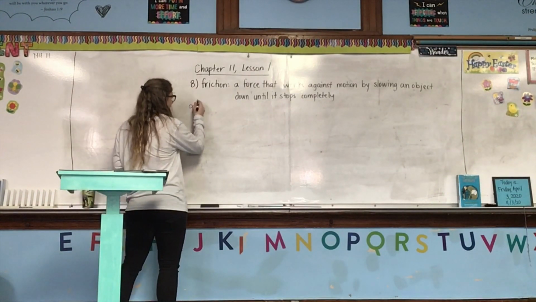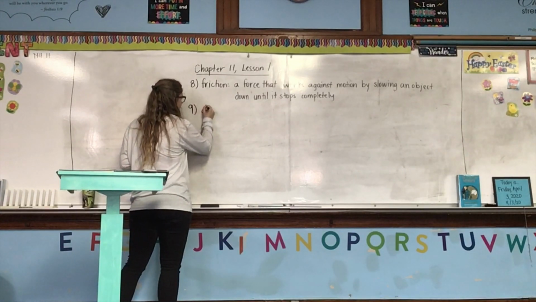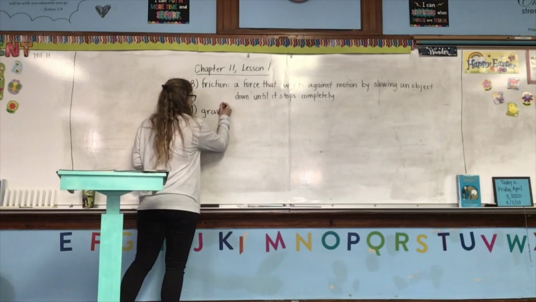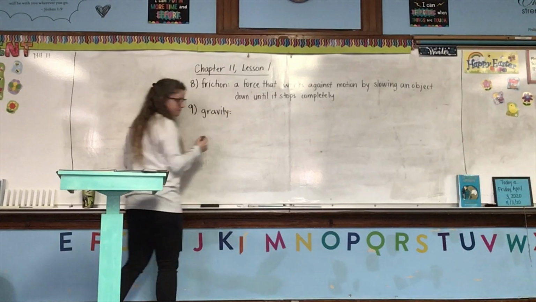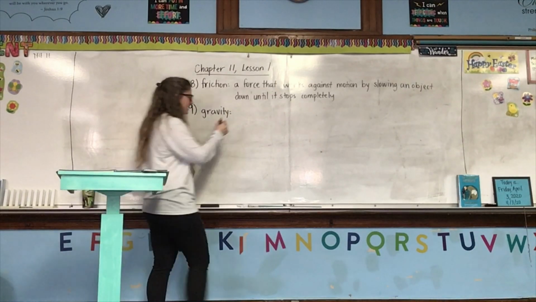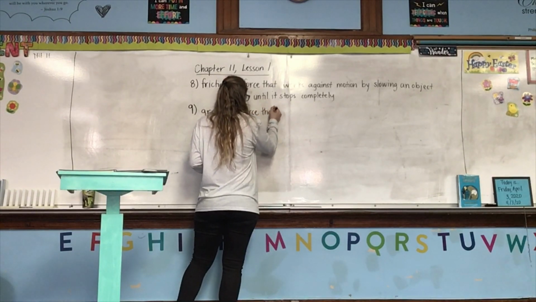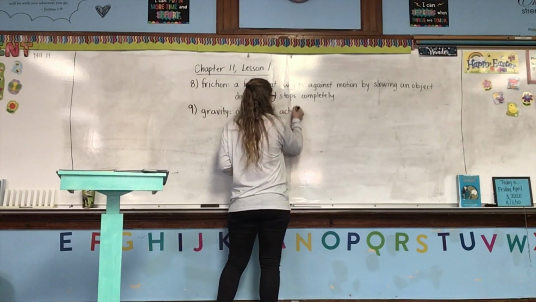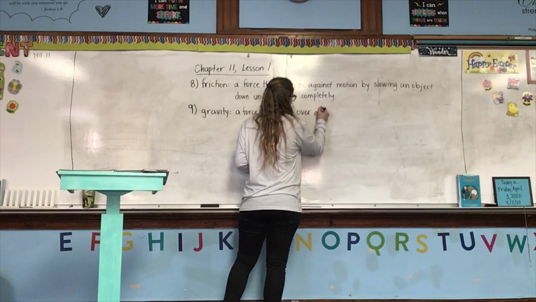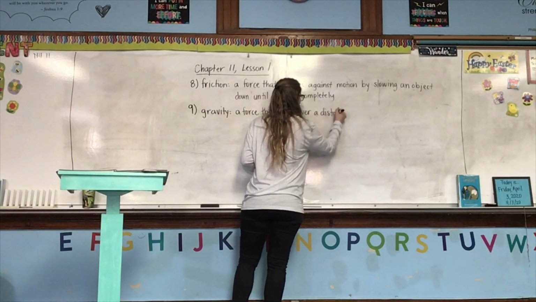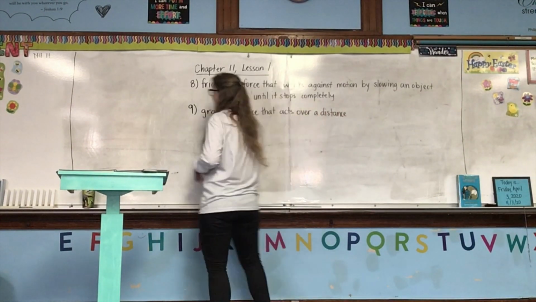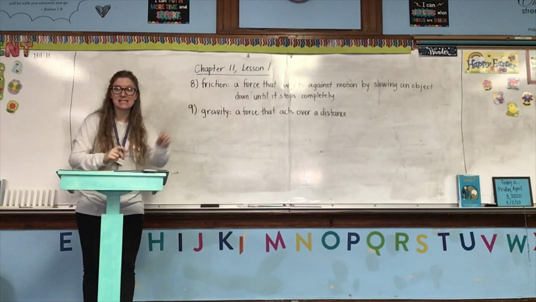So, number 9 is gravity. And it is a force that acts over a distance. And what that part of the definition means is that it doesn't have to be right there.